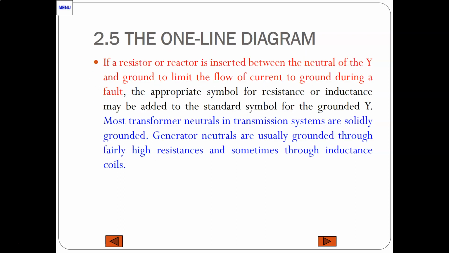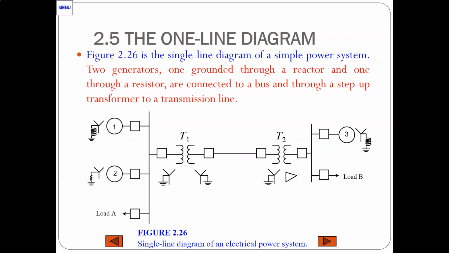If a resistor or reactor is inserted between the neutral of the wye and ground to limit the flow of current to ground during a fault, the appropriate symbol for resistance or inductance may be added to the standard symbol for the grounded wye. Most transformer neutrals in transmission systems are solidly grounded. Generator neutrals are usually grounded through fairly high resistances and sometimes through inductance coils.